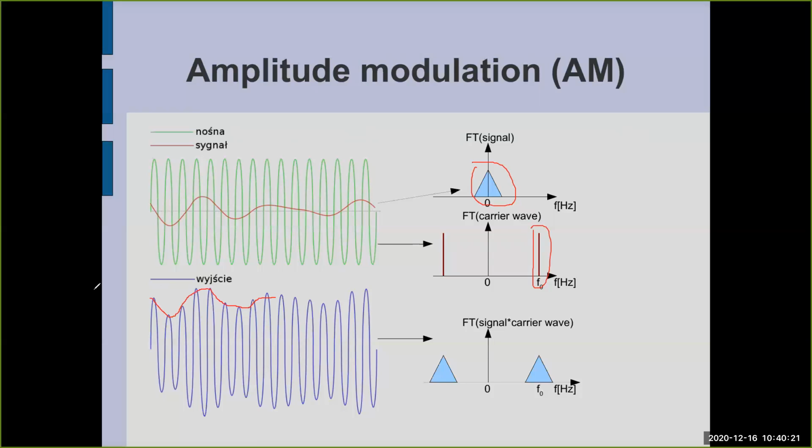But what happens when we calculate the Fourier transform of this modulated signal? We will see that the spectrum was shifted to the place where the carrier wave was observed.